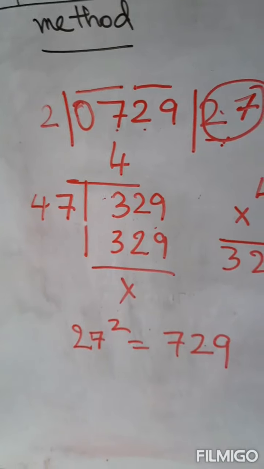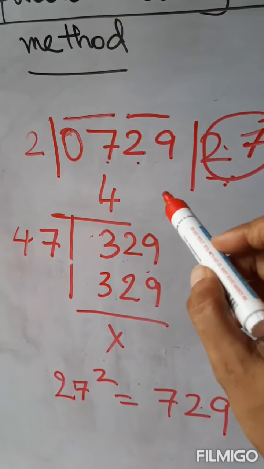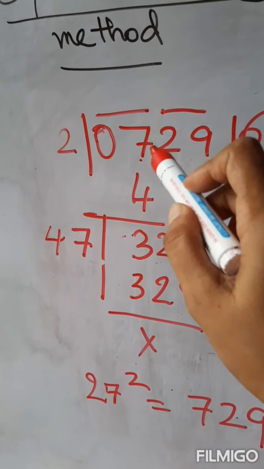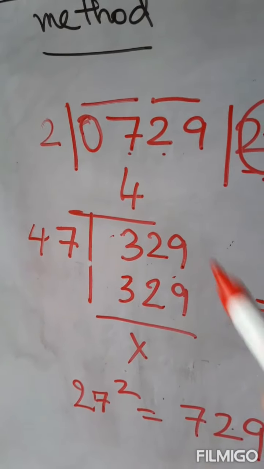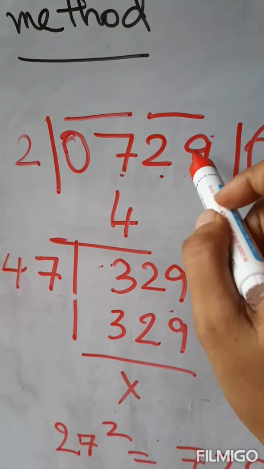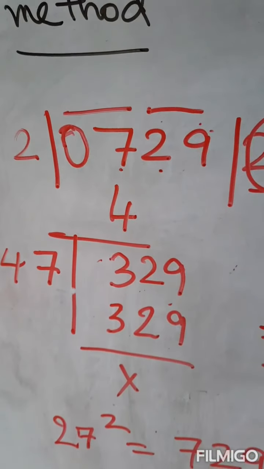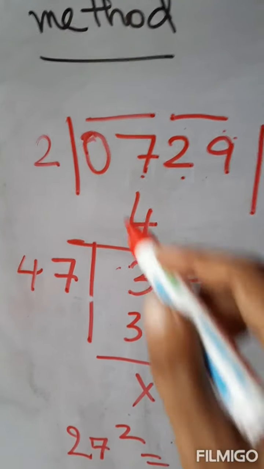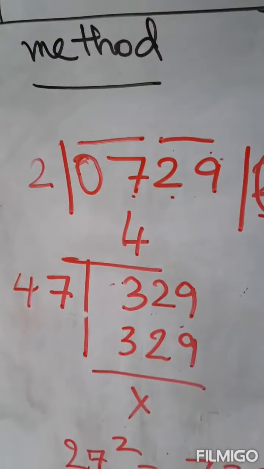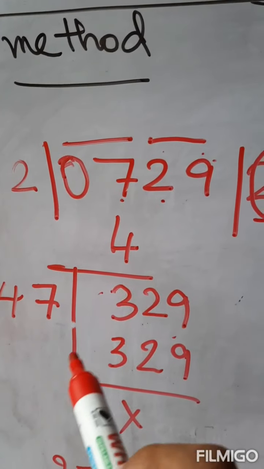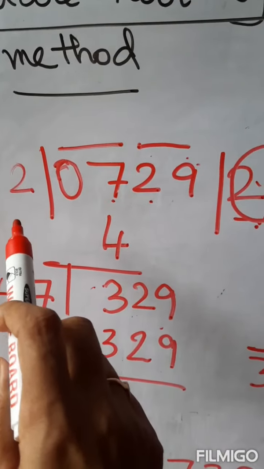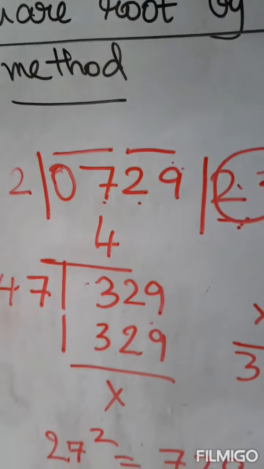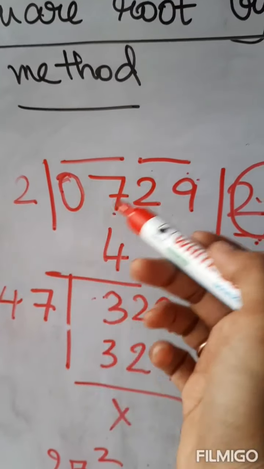So I repeat from the beginning. The very first step, we have to find the 2 digits to be considered from the units place and put a bar on top. Because 7 was a single digit, we put a 0 and make it double. Second step is to find a square number which is less than the first number.